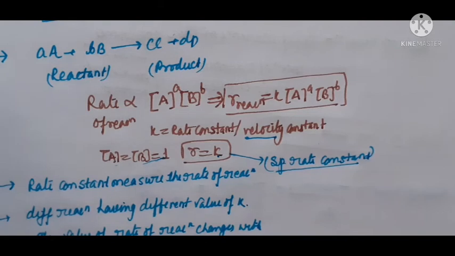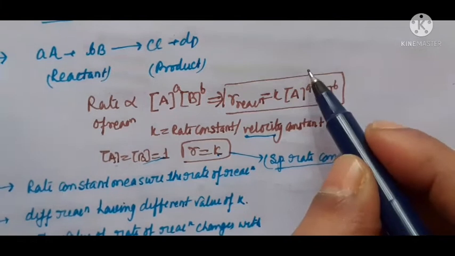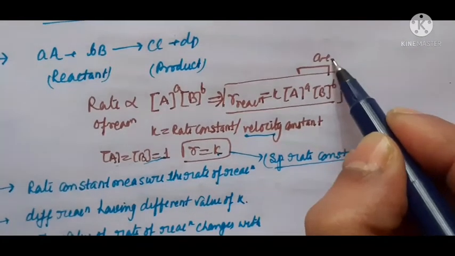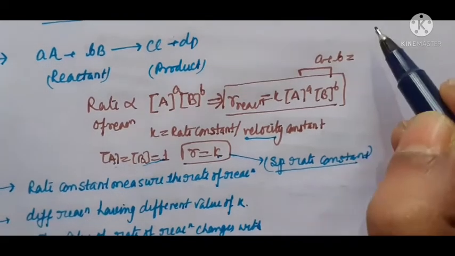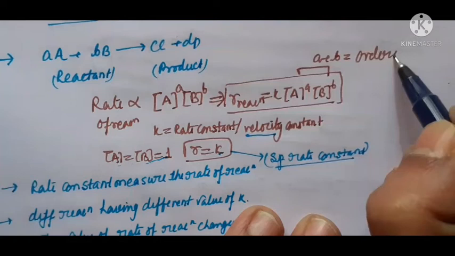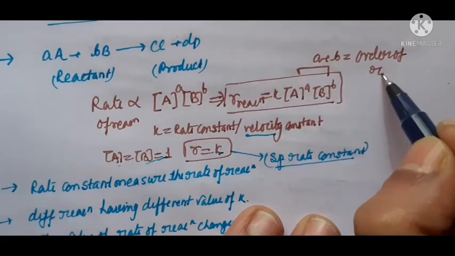Now there is a very interesting point I would like to show you. If we add these two coefficients, a plus b, then this value gives the order of reaction.